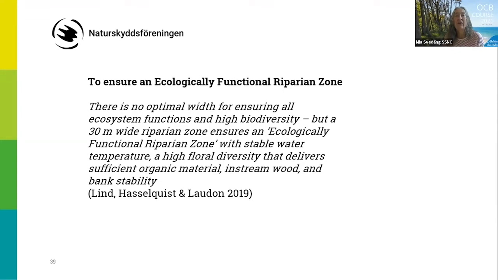And to ensure an ecologically functional riparian zone, this is a quote from Lind, Hasselquist and Lorden from 2019. They say, there is no optimal width for ensuring all ecosystem functions and high biodiversity, but a 30-meter wide riparian zone ensures an ecologically functional riparian zone, with stable water temperature, a high floral diversity, and sufficient organic material, in-stream wood, and bank stability.